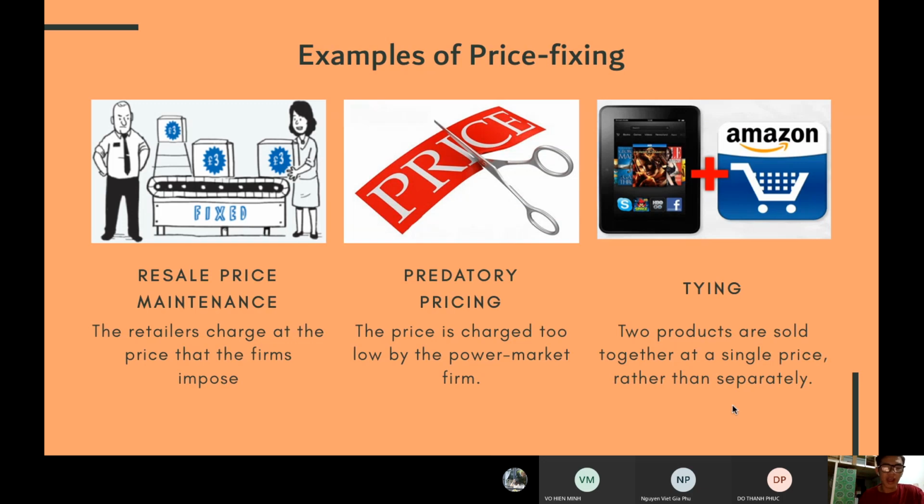The firm uses tying as a mechanism for expanding market power. Usually, one of the two products is less valuable than the other. So, in short, all three types of price fixing are still skeptical arguments to the economists and policymakers. So, next part, Bunfu will help you summarize the whole section.